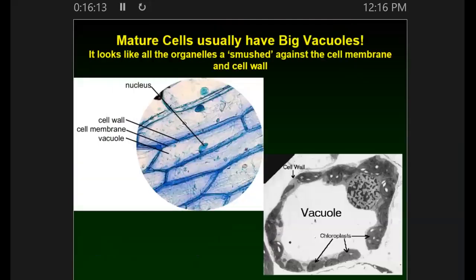And when you look at them under the microscope, you might see something like this. So that top left picture, you're seeing the nucleus, and the bottom picture actually shows it quite nicely too. This bottom right picture is a scanning electron microscope picture, but you can see how all the organelles are pushed off to the perimeter of the cell. And then there's this big open white space. That's the vacuole.